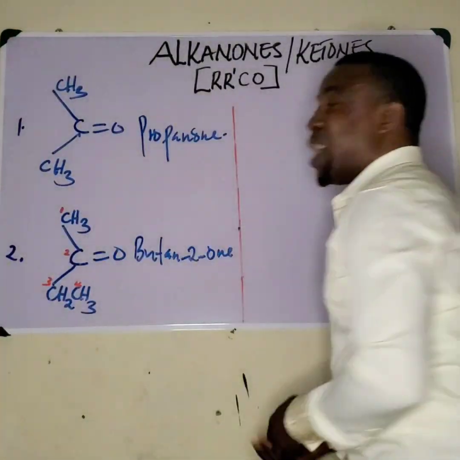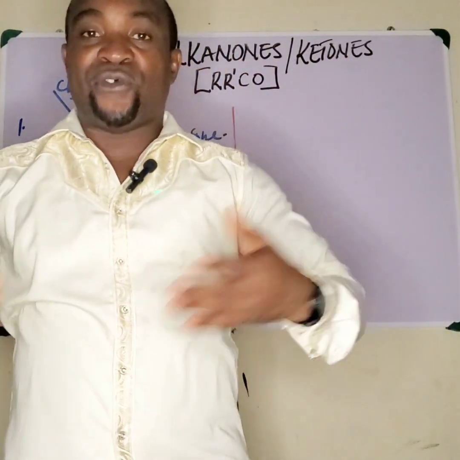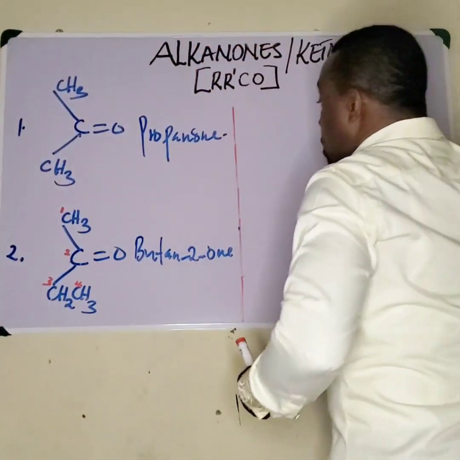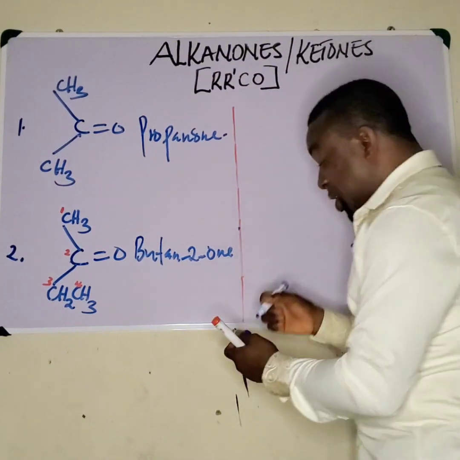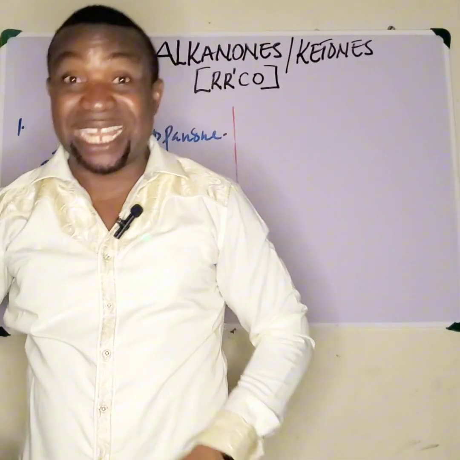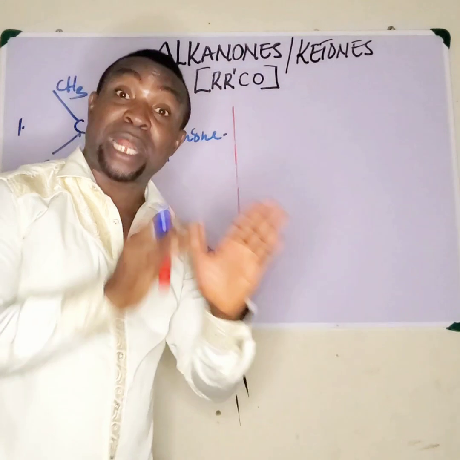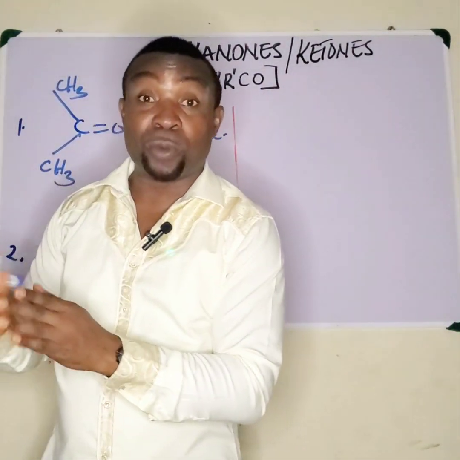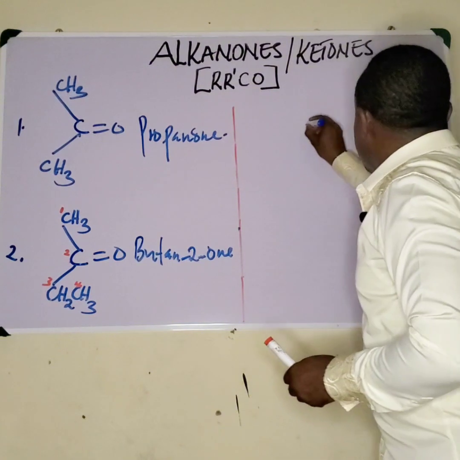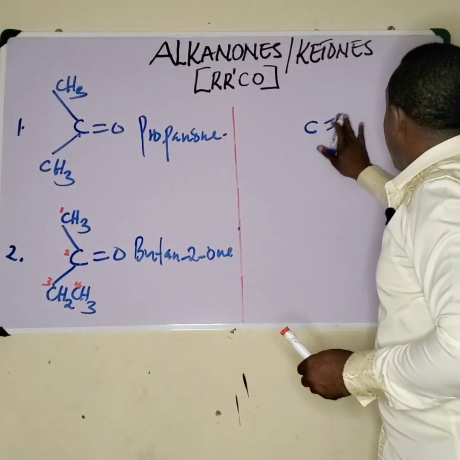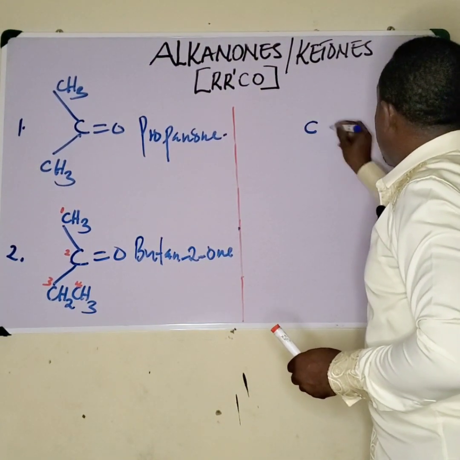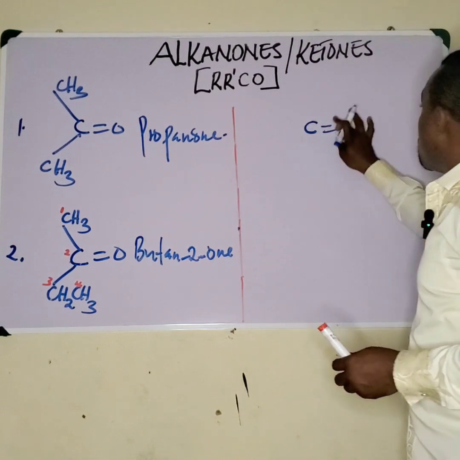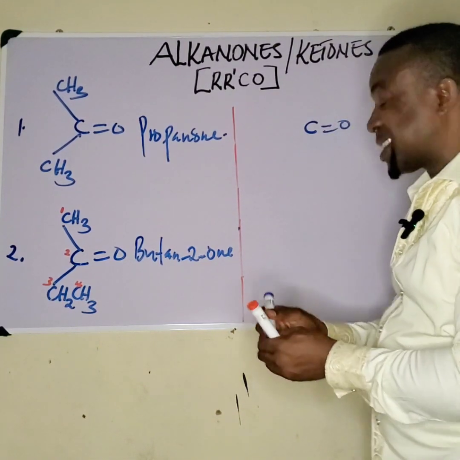Let us continue to know at least 4 members before we continue in our class. One thing you should have in your mind is that for the carbonyl functional group, nothing is attached to the carbonyl functional group. It's always C double bond O. Do not forget this. You can do whatever you want to do, but this is very constant.